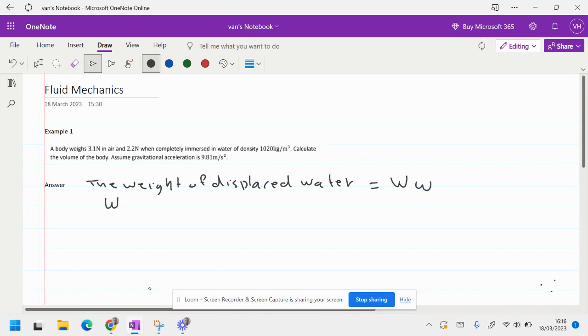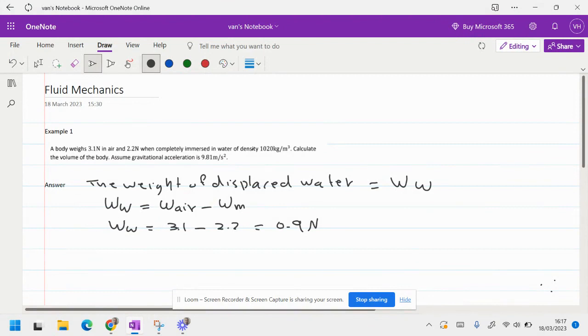W_w equals the weight in the air, take away the weight when it's immersed. So we have 3.1 Newton, take away 2.2 Newton, and it will give us 0.9 Newton.